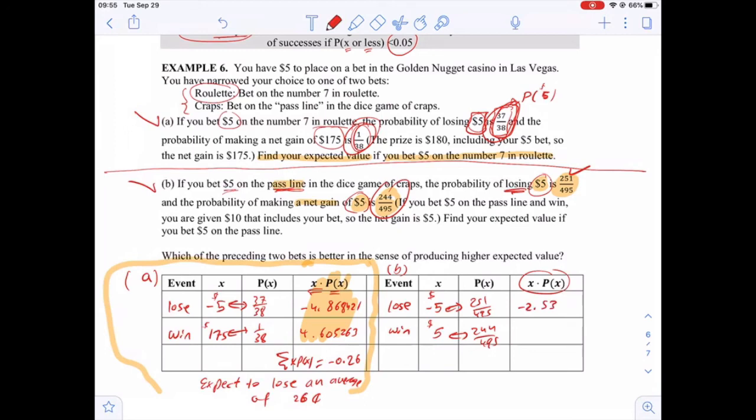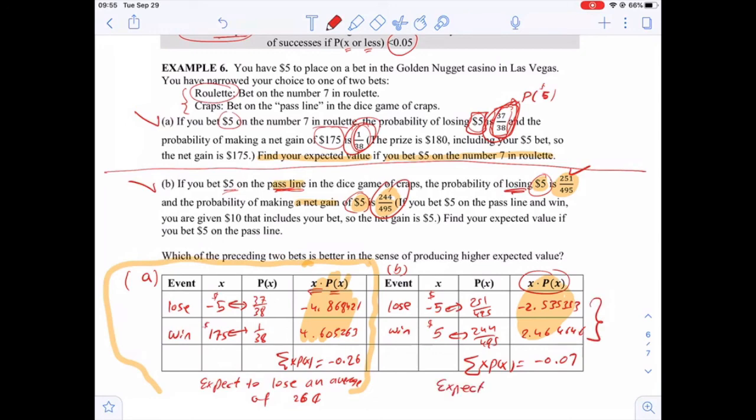We get negative 2.535353, and here we get 2.464646, and then we find the sum of the numbers in the last column, x times p of x, which is equal to negative 0.07 if we find the sum of those two values.